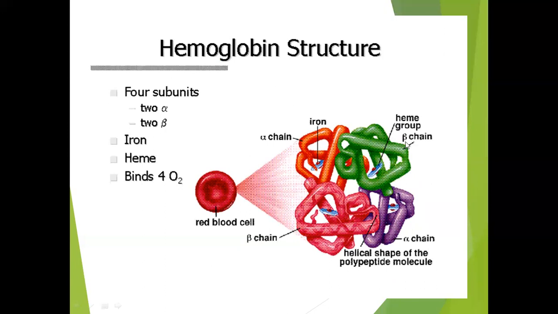Heme group attached to the beta chain, and here is the alpha chain, again beta chain and alpha chain, and 4 oxygen carrying sites. So this is iron, and basically it's responsible for carrying the oxygen. So 4 subunits, 2 alpha, 2 beta, and iron, heme, and it binds 4 oxygen.